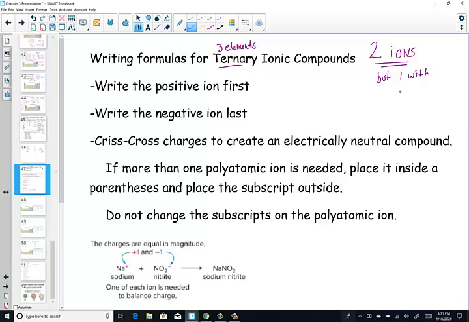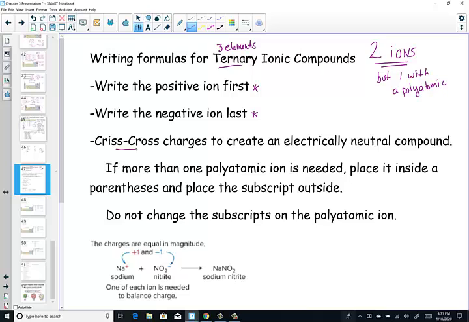Usually there's oxygen in the polyatomic ion, more than one different type of element. But one with a polyatomic, or it could be both polyatomics. 2 polyatomic ions could hook together if one's positive and one's negative. And that's really the first rule, is we always write the positive first and consider its charge. We write the negative ion last, always, and consider its charge.